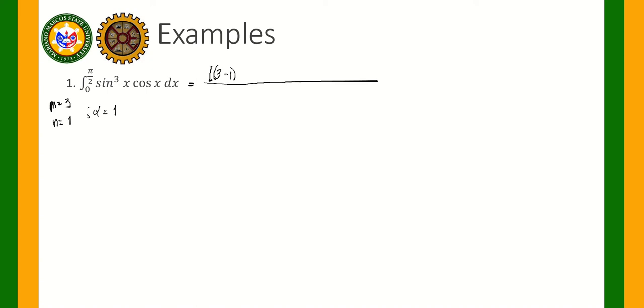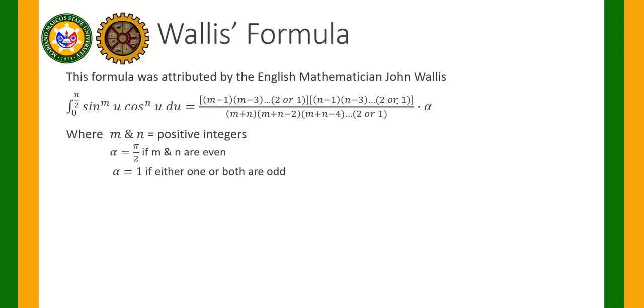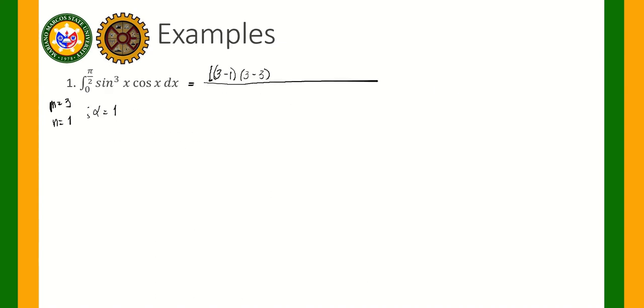So, dito sa taas, yung sinusubtract natin kay m and n will be odd numbers. Sa baba naman, that will be even numbers. So, 3 minus 1, that is equal to 2. And yung susunod is 3 minus 3. However, dapat dito sa formula natin, we stop at 2 or 1 yung magiging difference. So, dito sa example natin, 3 minus 1 is already 2. So, we stop there. So, wag na nating ituloy.